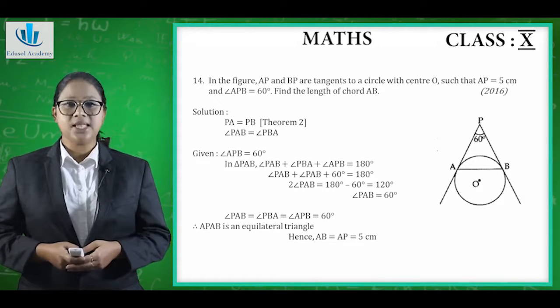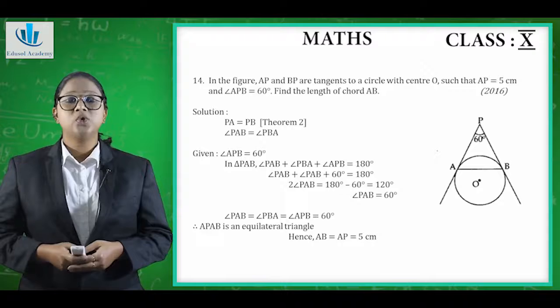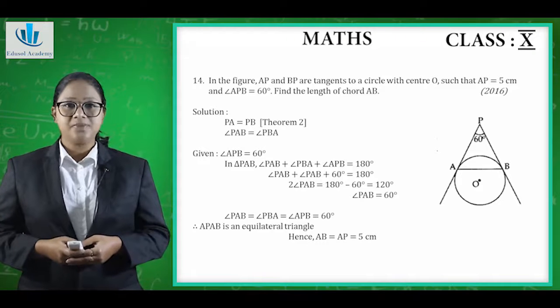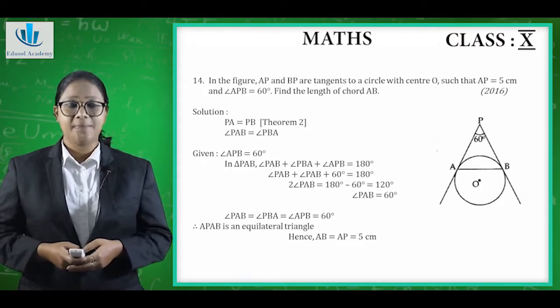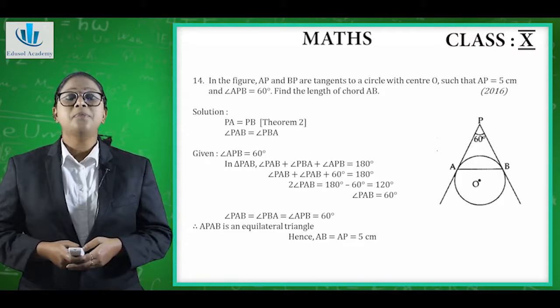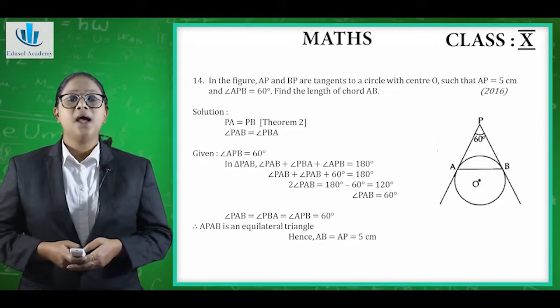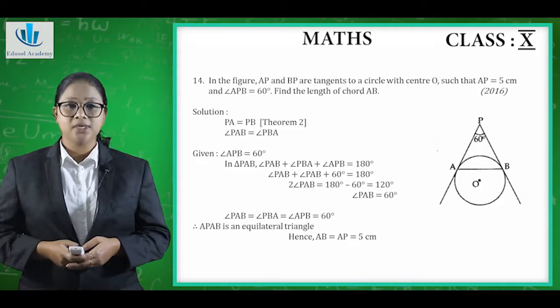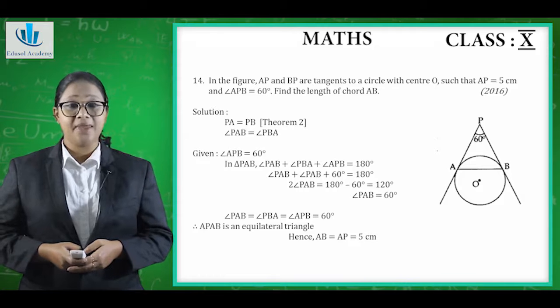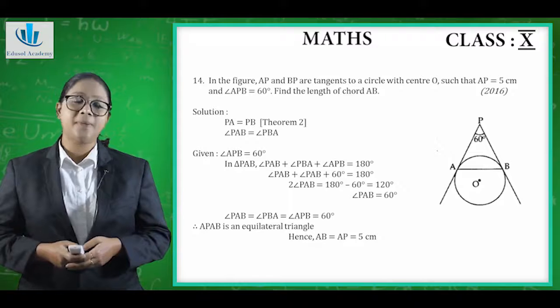With that, we can say that angles opposite to equal sides are equal, which means that angle PAB is equal to angle PBA. Now in the triangle PAB, we can apply angle sum property because we have angle APB as 60 degree and angle PAB is equal to angle PBA.